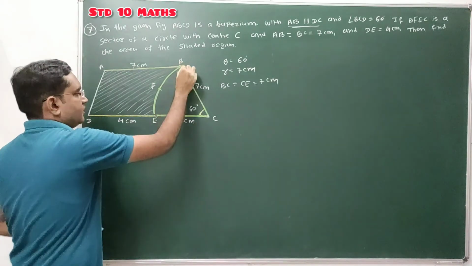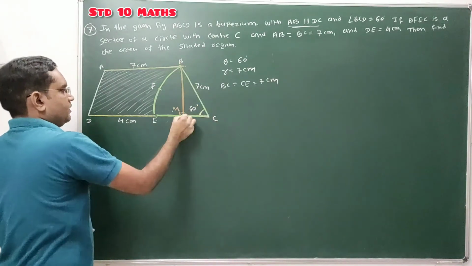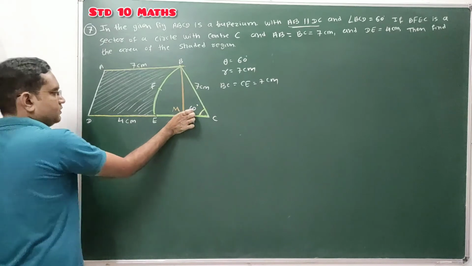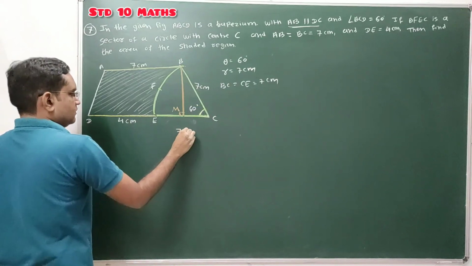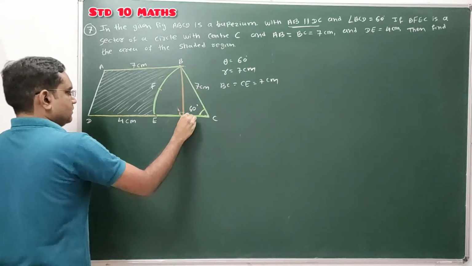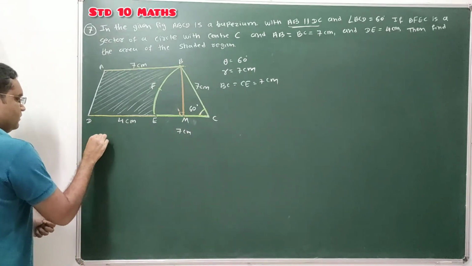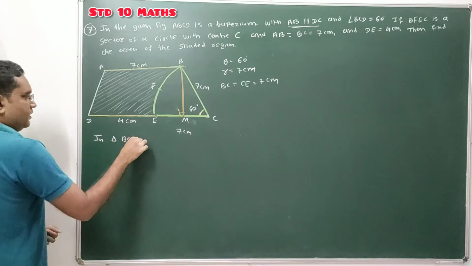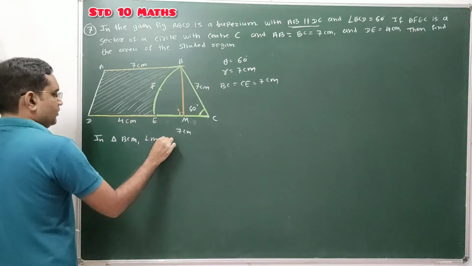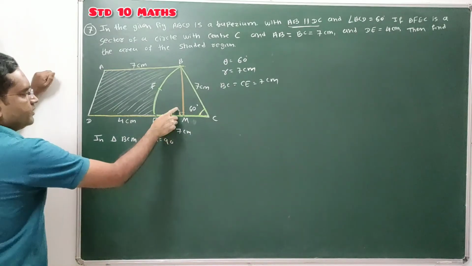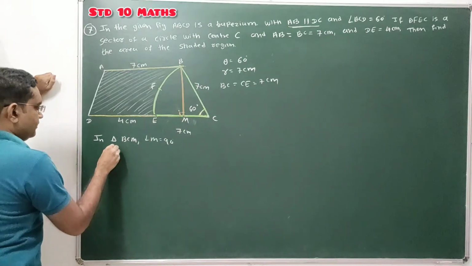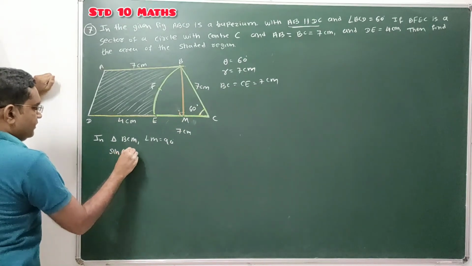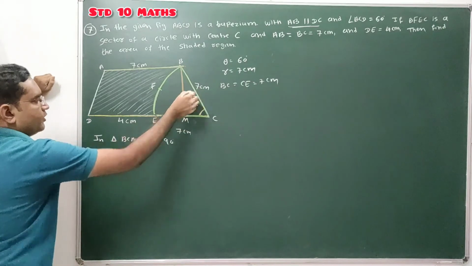For that we will consider right angle triangle BCM. So in triangle BCM, angle M is 90 degree. So here we are using the definition of sin 60, which is equal to opposite side upon hypotenuse.